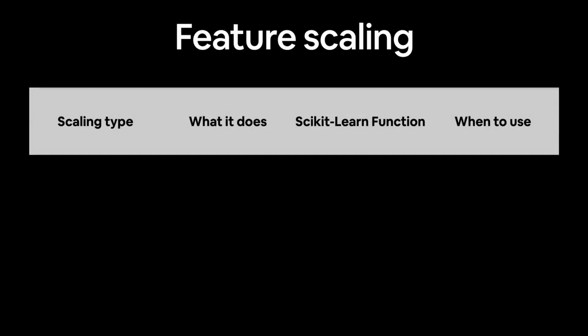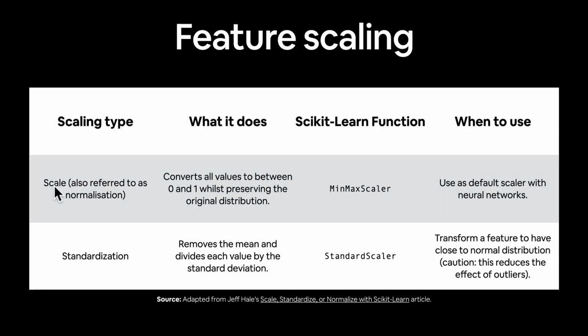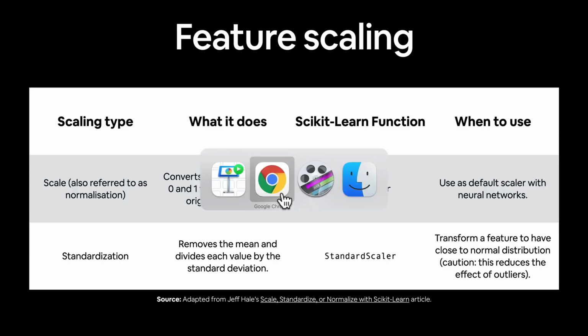Feature scaling. So we have some options here. Now, a lot of different names are used for this type of scaling, but I'm going to be referring to it as normalization. But if you hear scale features, typically they're referring to normalization. What it does is convert all values to between 0 and 1 whilst preserving the original distribution.